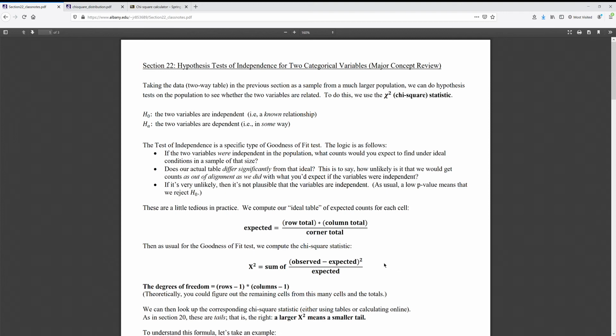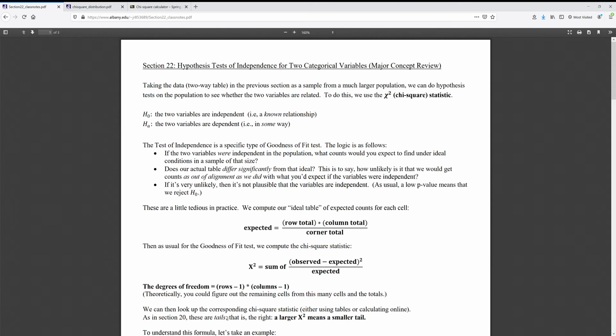If you knew the rest of the counts and the totals, then you could theoretically fill in that last row and that last column. So that's the reason it is the way it is, but the bottom line is that's what it is. So if you have 3 categories in the one and 4 categories in the other, then it's going to be 3 minus 1 times 4 minus 1. That's the ideal. Of course, if you didn't have that many cells, it would be a little tedious, but that's the ideal.